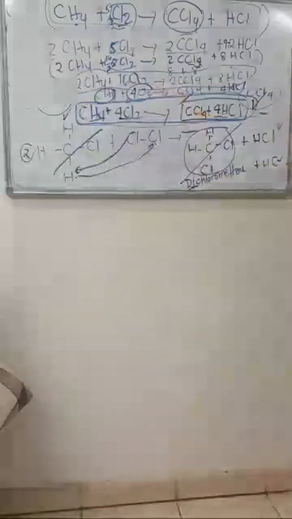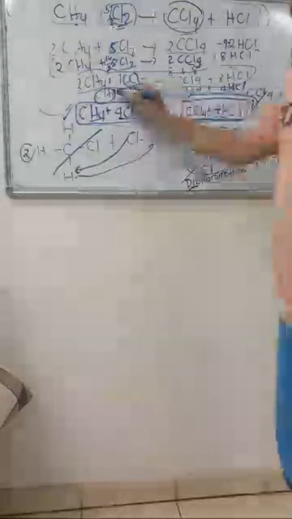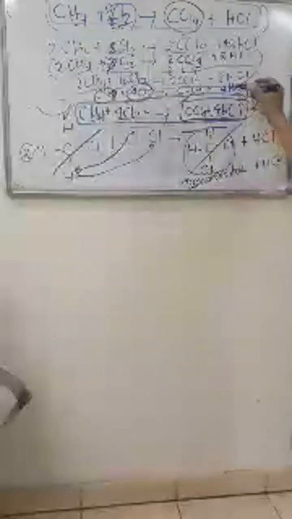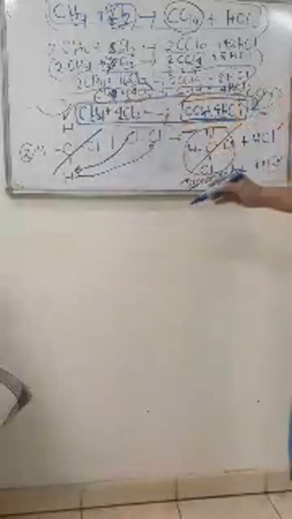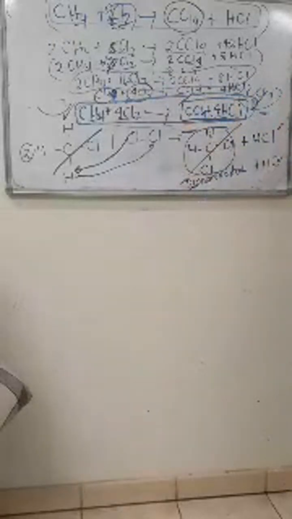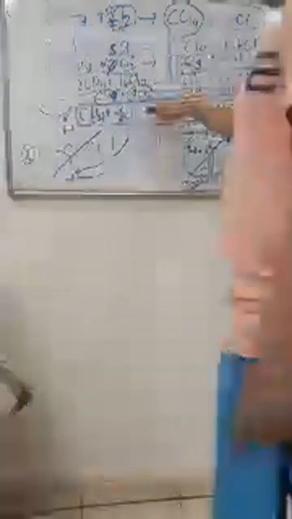Because you are balancing, that is the rule of balancing. Then again, balance again. So 4 chlorine, 8 chlorine. Hydrogen 4, hydrogen 4. 8 chlorine, 8 chlorine.